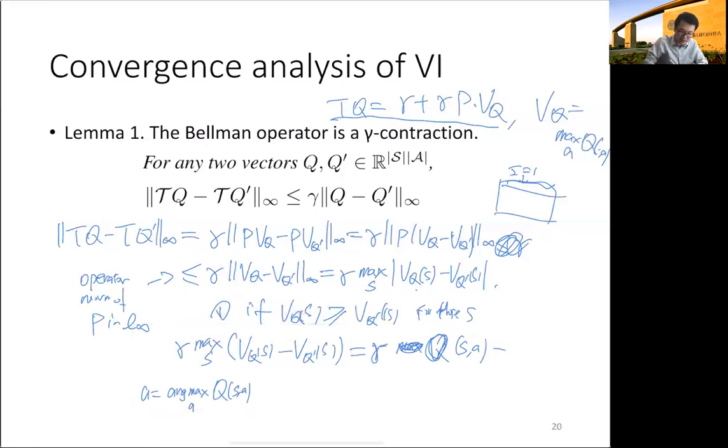Then subtract: I'm making the larger one larger and the smaller one smaller by subtracting the max over A of VQ prime. VQ prime of S is just the Q prime of S, A, right? So I can write this inequality by making the larger one larger, the smaller one smaller, making the negative one even more negative. So this is always upper bounded by this quantity, right?